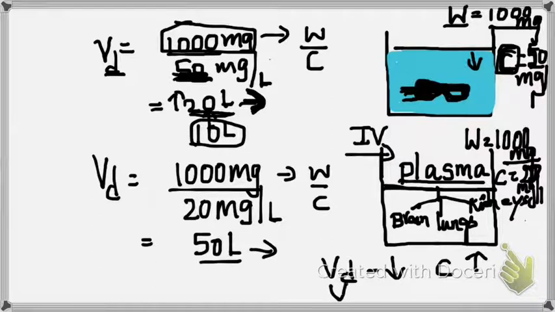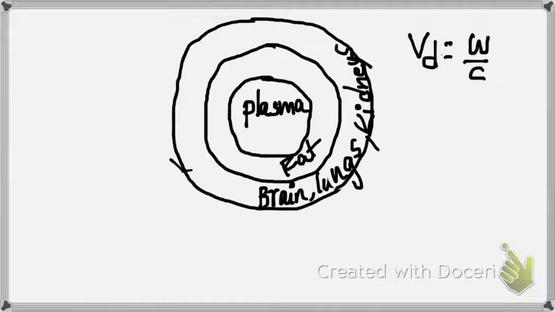And if the volume of distribution is more, it tells us that the drug is leaving the plasma and entering the extravascular components. Consider different body compartments: plasma, and the other compartments are fat, brain, lungs, kidneys, or any other tissues.